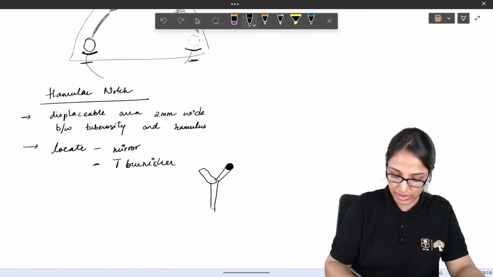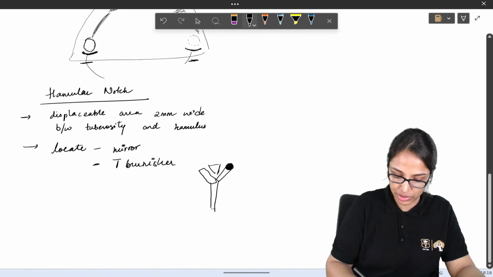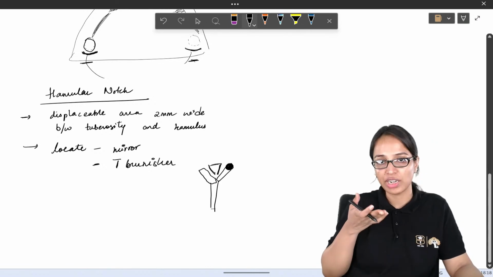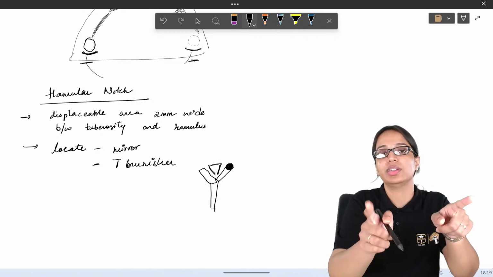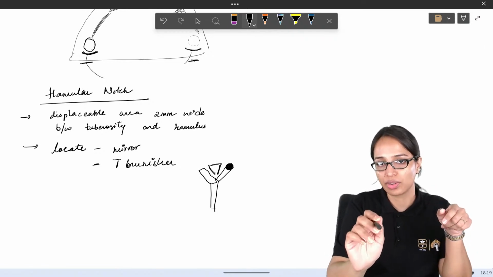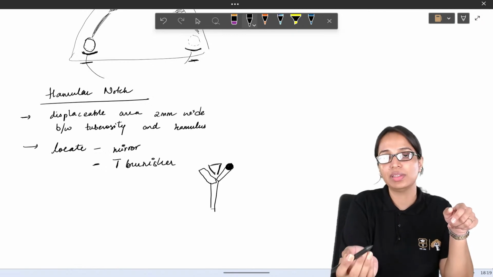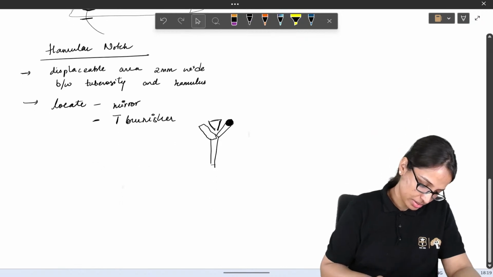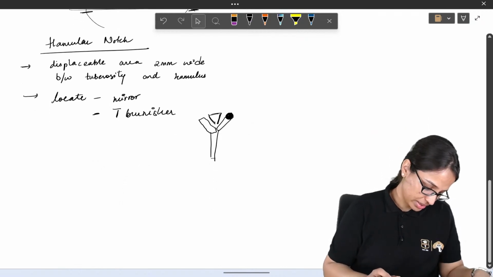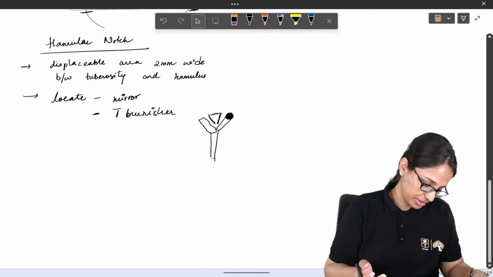The instrument comes like this. You keep this portion between your ridges and try to walk the T burnisher. The correct term that we use is walking the instrument. So you move the T burnisher across the ridge, and where you feel the sudden drop or depression, that is where your hamular notch is located, right? So it will ease into the depression.